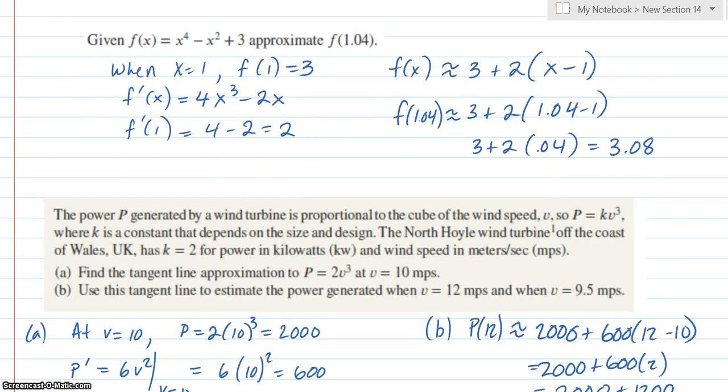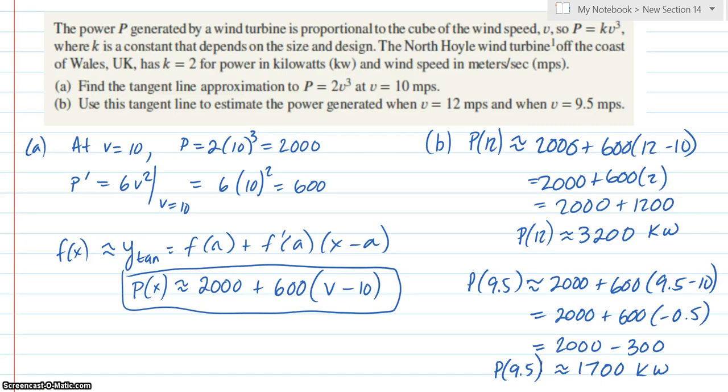We're going to see in the future that if you have a concave up situation, then this will be an underestimate. If you have a concave down situation, then this would be an overestimate. An x cubed situation when v is positive is concave up. So these are a little bit lower than the actual value. If you plug them in, you could check that out and find that out. Hope this helps.